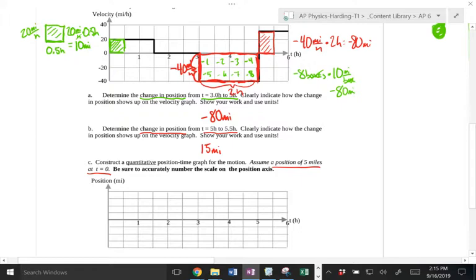-5. For what motion? Oh, this one. Oh, for the motion. Oh yeah, because it's Boston. 4 miles an hour.